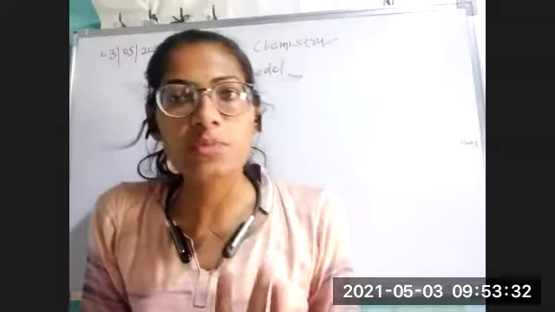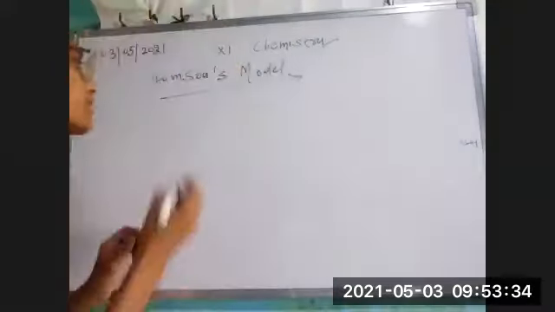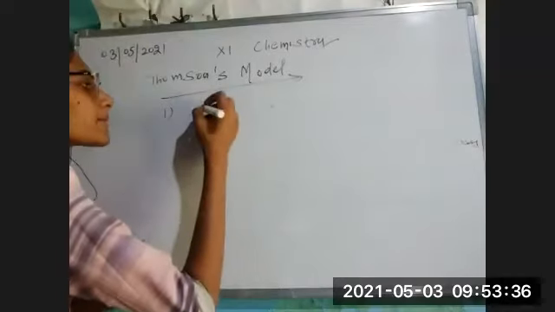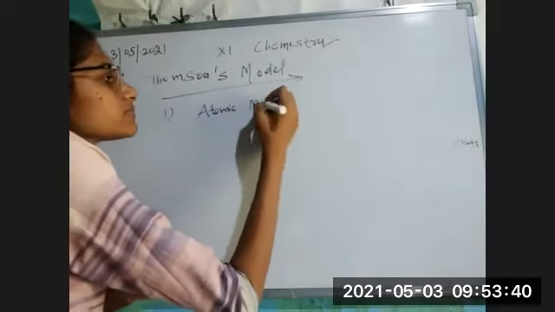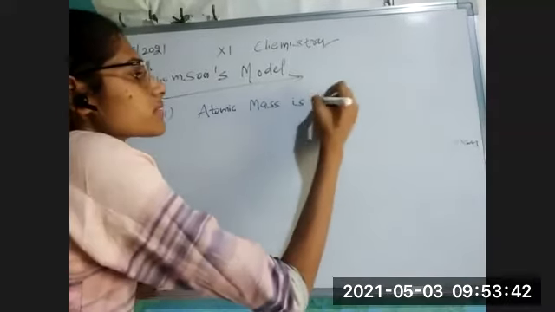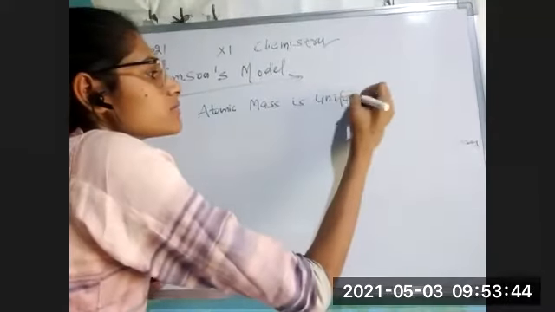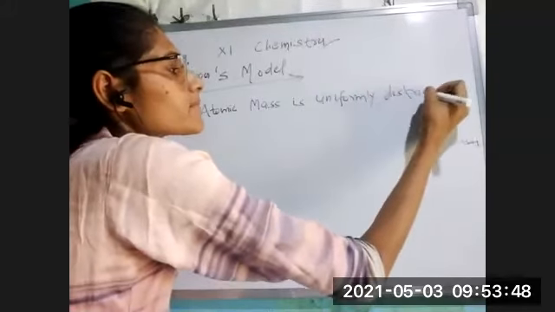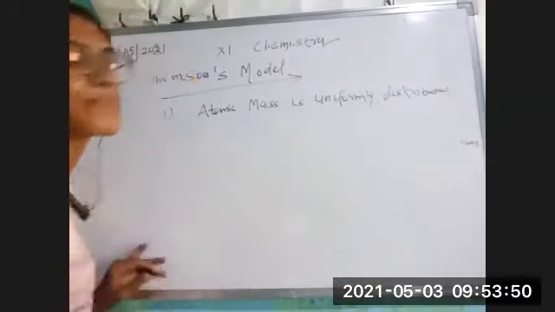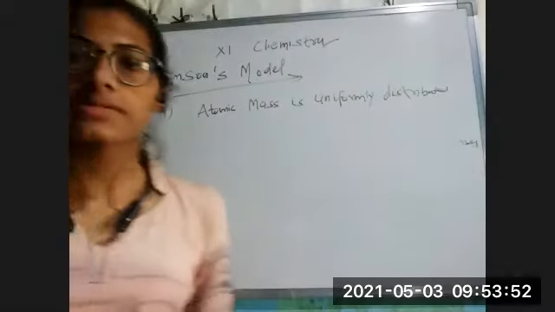It was the first postulate of Thomson's model that atomic mass is uniformly distributed. Is this clear? I hope this is clear.